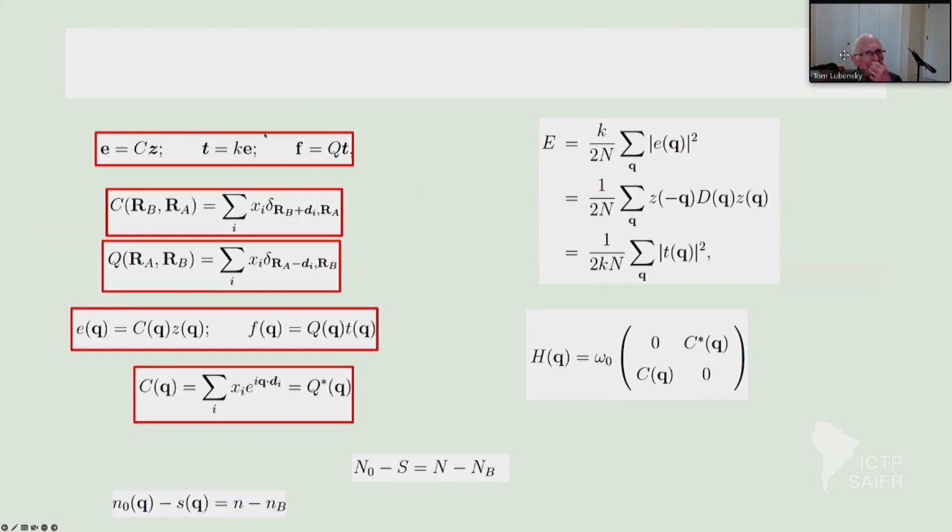The tension, again, in analogy with the two-dimensional system, is equal to the elastic constant times E, and the force is going to be a matrix times T.